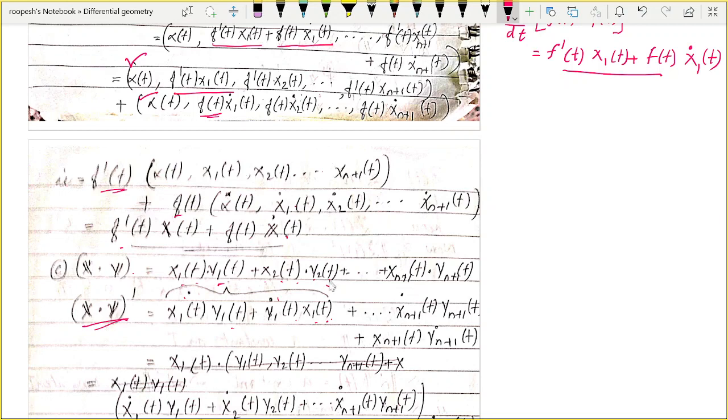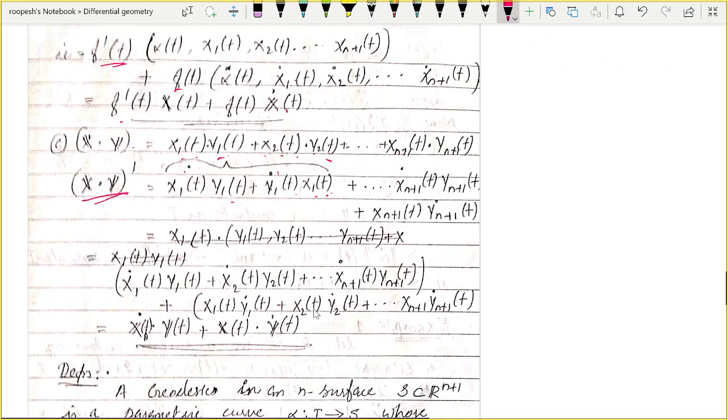We can continue for each term, and at last what you are getting is x dot(t) y(t) plus x(t) dot y dot(t). So we can have these three results, or three properties.